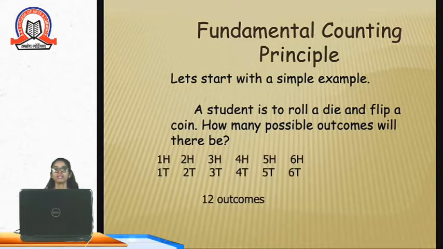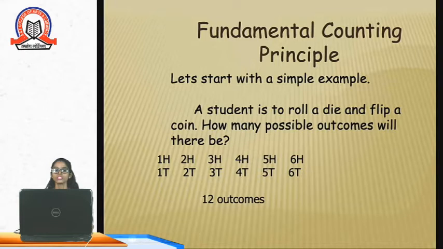Suppose rolling a die we get 1 and flipping a coin we get H. H means head, T means tail. The first outcome is 1H, the second possibility is 2H, the third is 3H, the fourth is 4H, and so on.